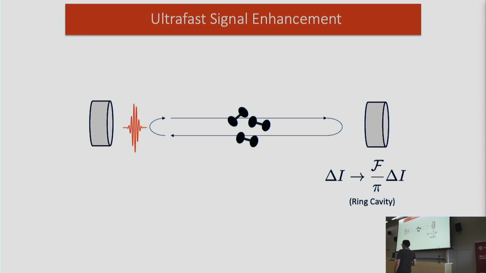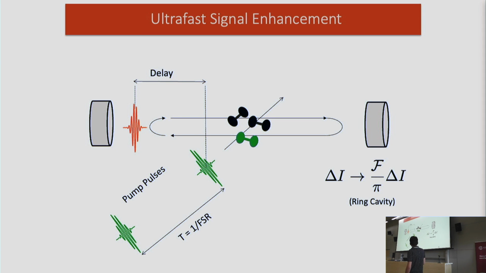And we can also do the same with ultrafast nonlinear spectroscopy. So here we have the setup, where we have a single pulse circulating inside the cavity. And I can simply come in with the pump pulses earlier than the probe pulses, and they can prepare my sample.